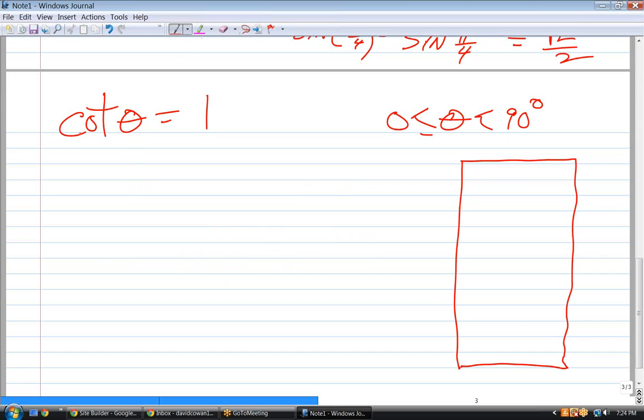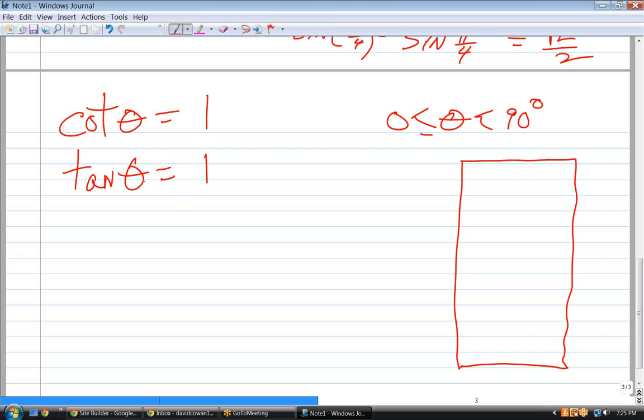Yeah. So first of all, if the cotangent is equal to 1, what's the tangent equal to? Cotangent and tangent are reciprocals of one another? Yeah. It's also equal to 1. Oh, okay.